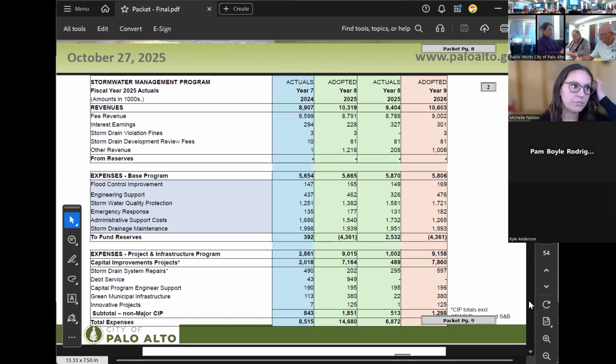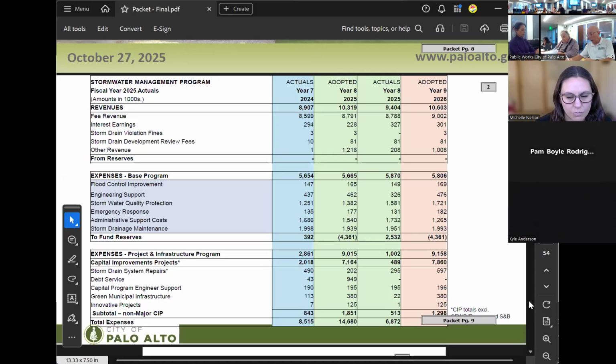Okay, then another question. The actual spent for the other revenue, that EPA grant, was 208,000. And where does that show up on the expenses? That's going to show up under the project and infrastructure program section in the capital projects. So that EPA grant, and Pam's on the line, can speak a little bit more to that if we have questions, we budgeted in one of our green storm infrastructure capital projects.